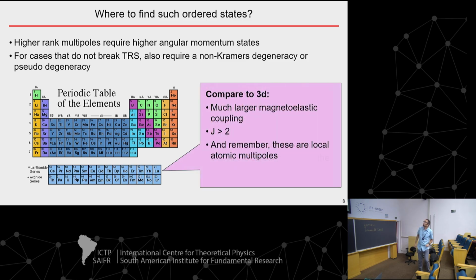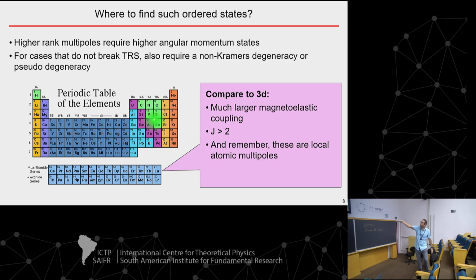And then just to compare this with 3d systems, the rare earths have a much larger magnetoelastic coupling. So what this means is this is going to be in the opposite limit to the altermagnetic case that we heard about with Elena.